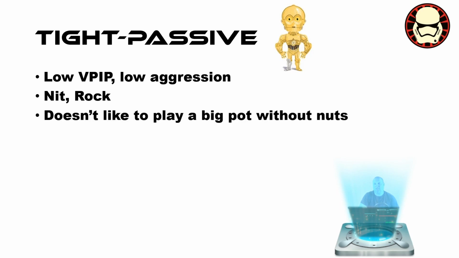The distinctive feature of this kind of player is that he doesn't like to play big pots without the nuts. So the basic idea is that he's not comfortable stacking off unless he has the stone cold nuts. And the further he is from having the nuts, the less he wants to stack off.